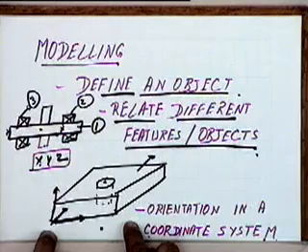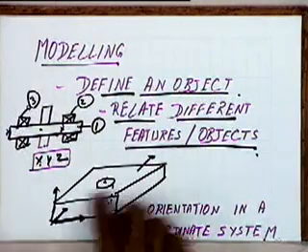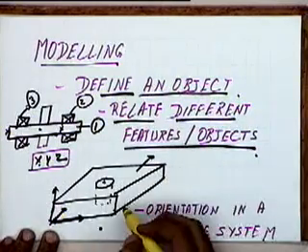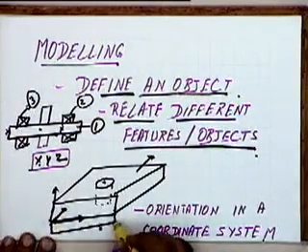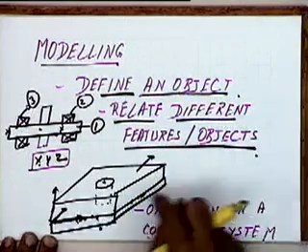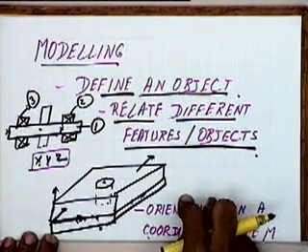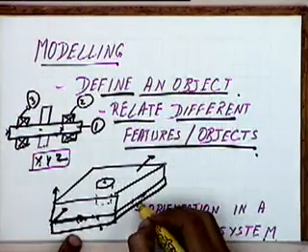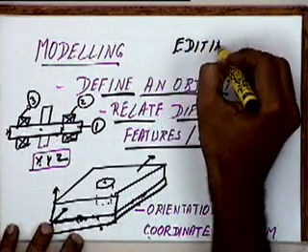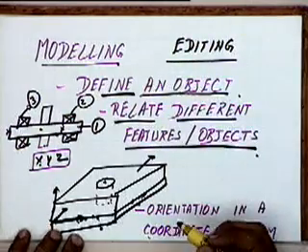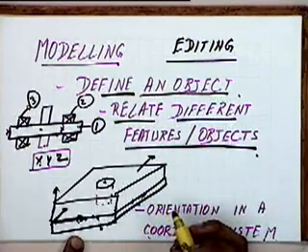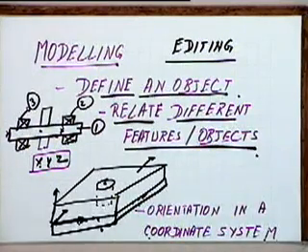If I want to change the thickness, in this figure I will have to increase this size, make this change, and then rub out all these. If I am doing it on the drawing board, I will have to make all these changes. So when I am talking of making these changes, we refer to this process as a process of editing. Editing an existing model, or making changes in an existing model.